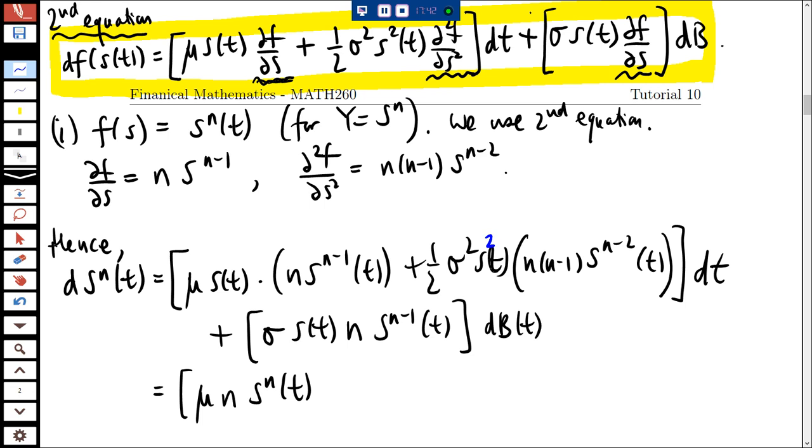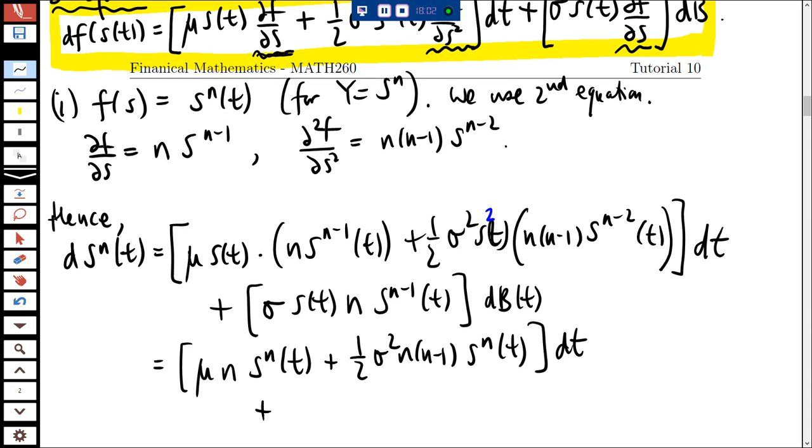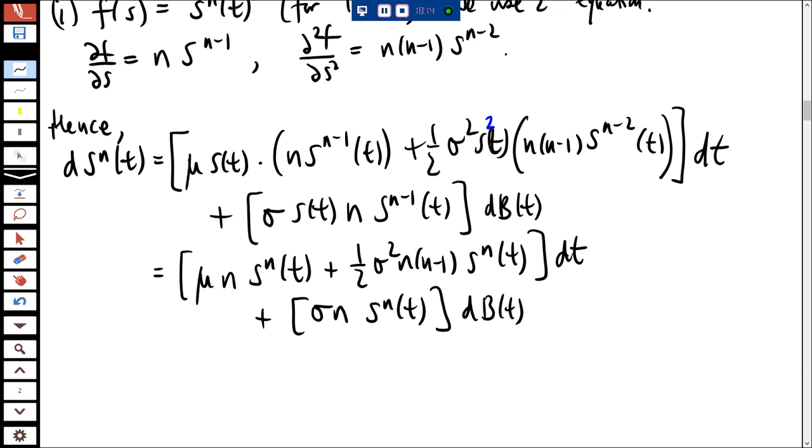I missed the squared there. Okay, so they come together to 1/2 sigma squared n times n minus 1 s to the n of t dt, and the next term is sigma n s to the power n of t dB t, and we are done. We have shown how the process behaves.